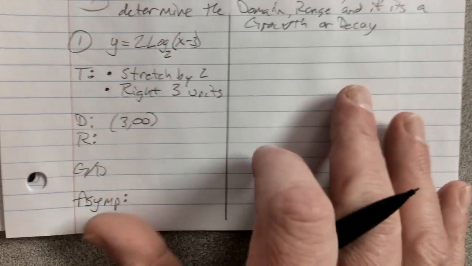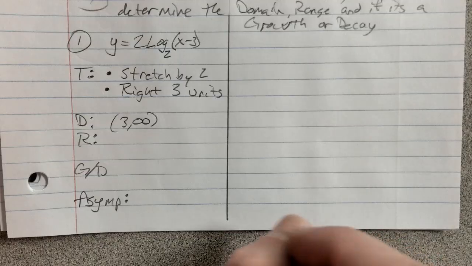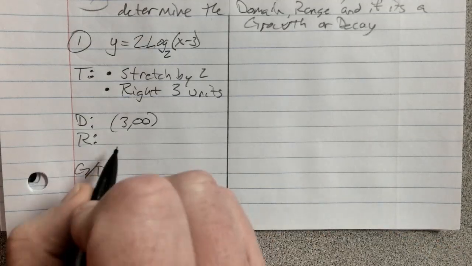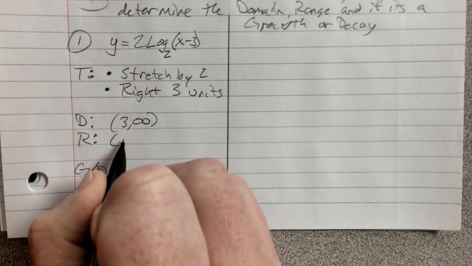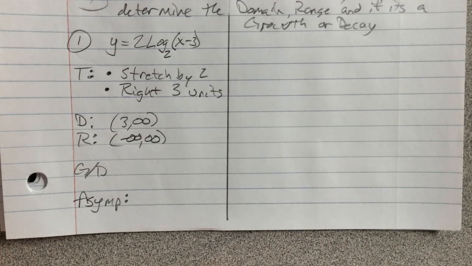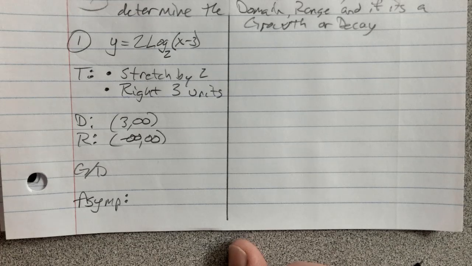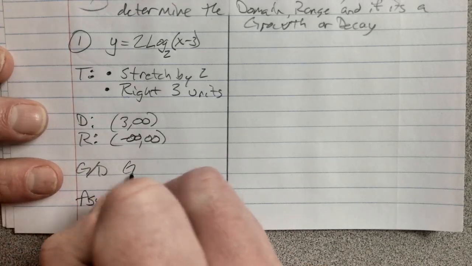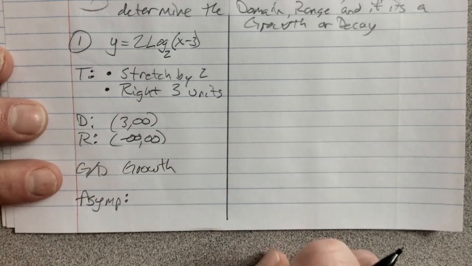All right. Elvis, what was the range? Yeah, really good job. Marissa, is this a growth or a decay? As we look at that graph from left to right, is it getting bigger and bigger and bigger, or smaller, smaller, smaller? Bigger, so that means it is a growth.